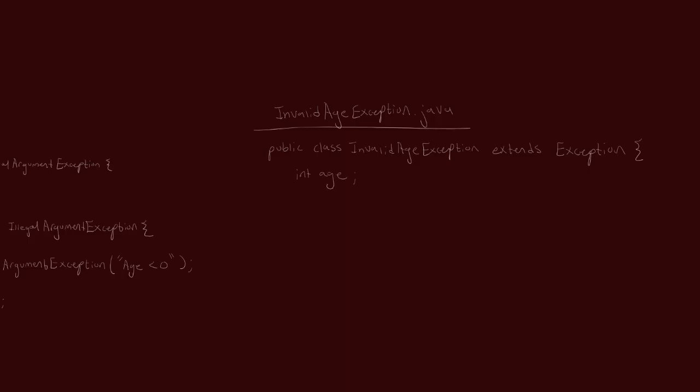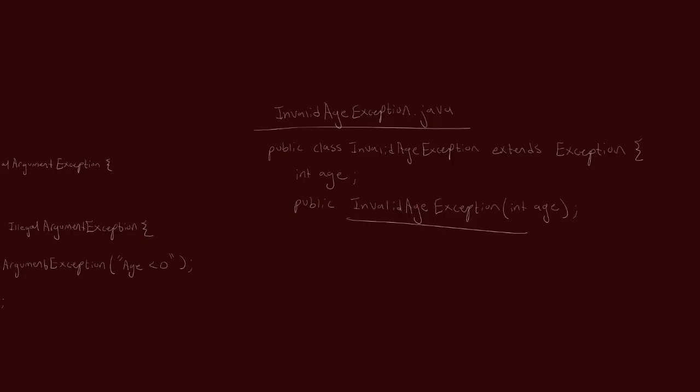and pretty much what we're gonna do is set up our constructor. So public InvalidAgeException, and we're gonna pass an int age.